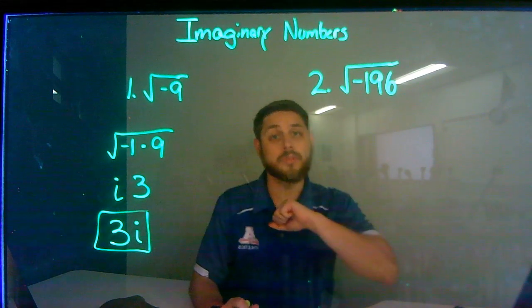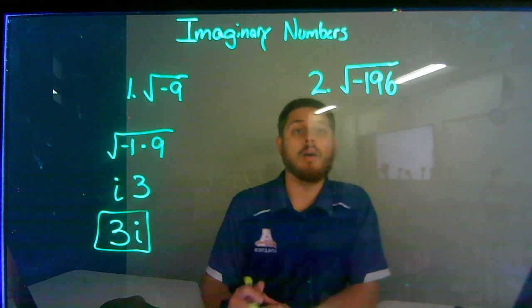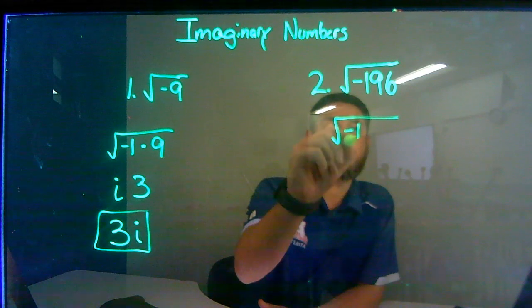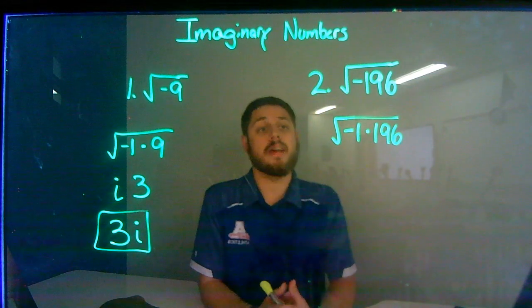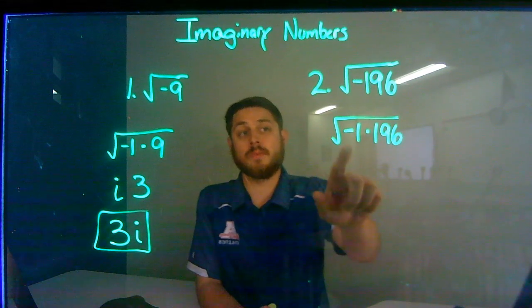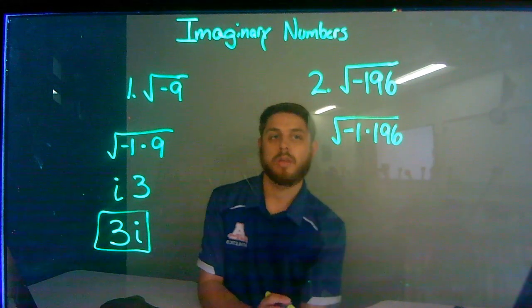If we take a look at number 2, this number is actually also a perfect square, but just like the first one, I'm going to rewrite it as -1 times 196, the -1 times the positive number I have under the radical.